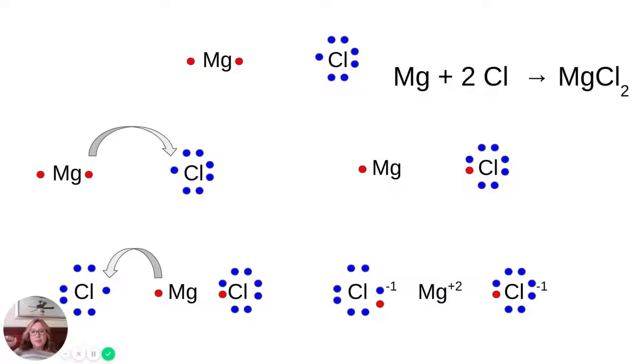And it also explains why when magnesium and chlorine interact, 1 atom of magnesium will react with 2 atoms of chlorine to make magnesium chloride. And that right there is showing you that it's 1 magnesium bound to 2 chlorines.